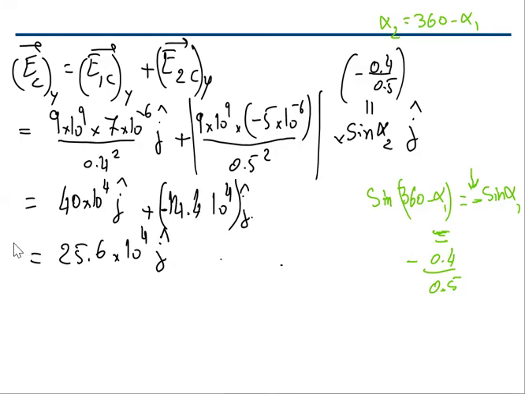Good, so this is E, the y component. Now, what is our total vector? E is EX plus EY. So how much is the X component?